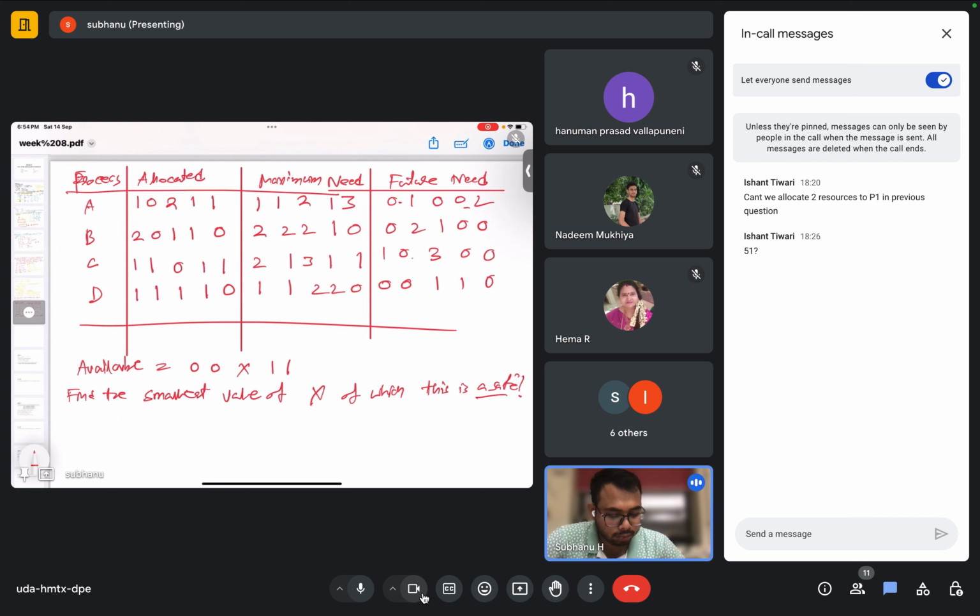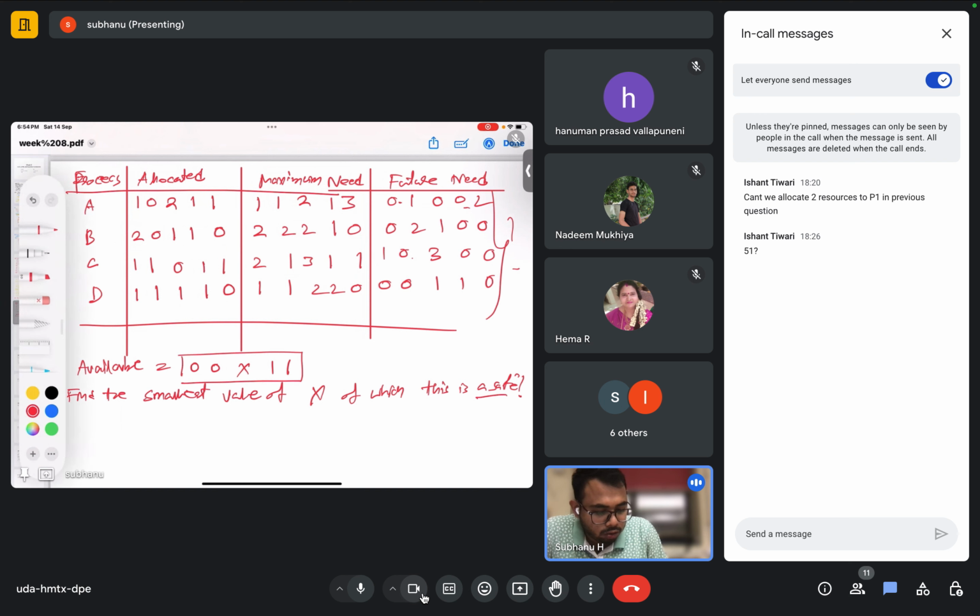Basically, you have to find out what the future need is. In this scenario I am not giving you the total available list, so the main thing is that x is not given. You have to find this x.